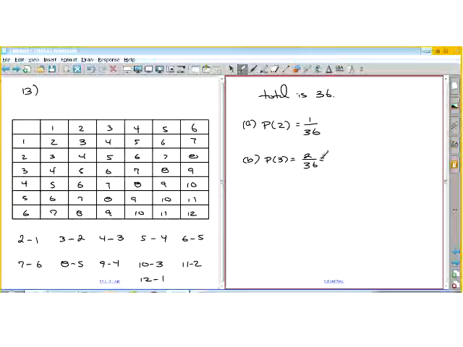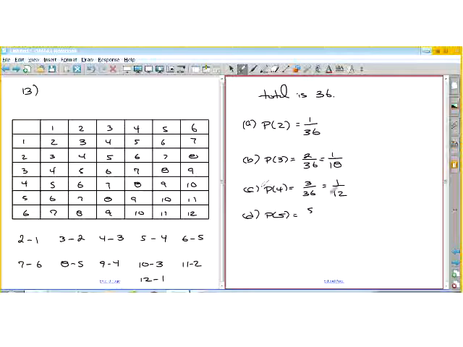The key thing is you do simplify them if you can. In this case you can't simplify it any further, but here you can because they're both even. So you get 1/18 instead of 2/36. Probability of getting a 4, there are 3 out of the 36 that you can get. So that reduces down to 1/12. Probability of getting 5 is 4 over 36.